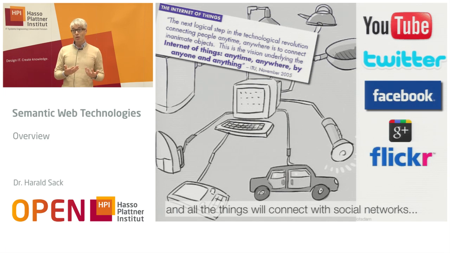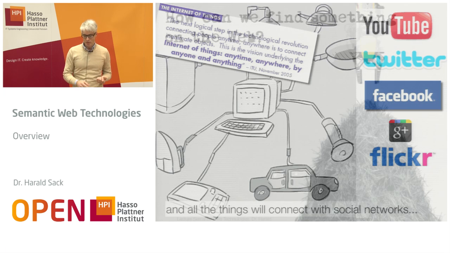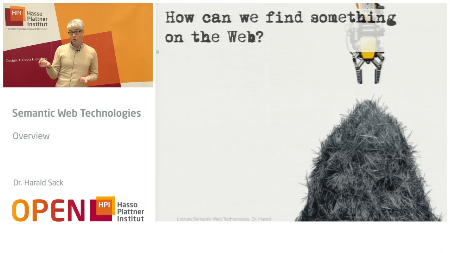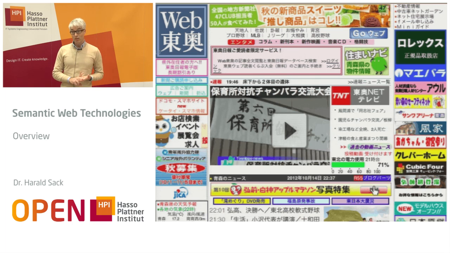And the problem is that now we have huge amounts of data, but how can we find something on the web? How can we find the small piece of straw in this huge universe of information? To do this, it is very important to make sense out of the information.